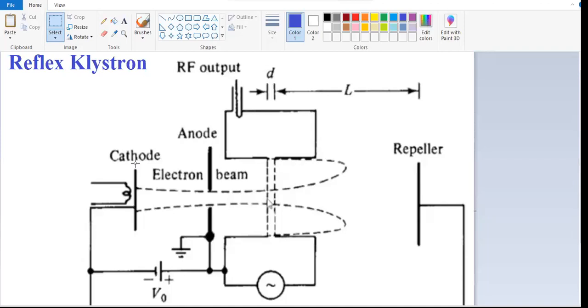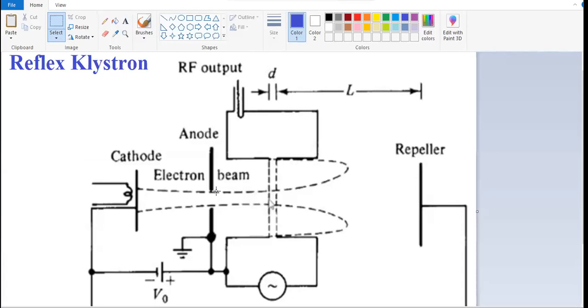This is your cathode, which generates the electrons, and the anode is given a positive charge. The beam gets focused, and this electron beam travels further.